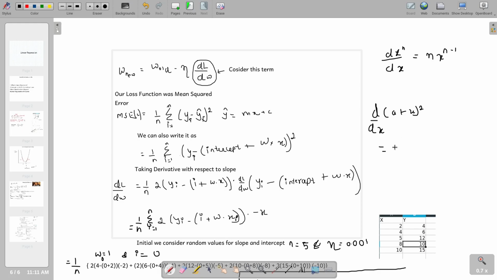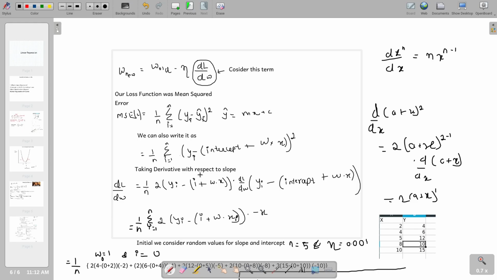So the answer becomes n into (a plus x) raised to n minus 1, into d by dx of (a plus x). For example, with n equal to 2, this would become 2 into (a plus x) raised to 1, and we know the derivative of any constant is 0 and the derivative of x with respect to x is 1, so ultimately the answer would be the same.